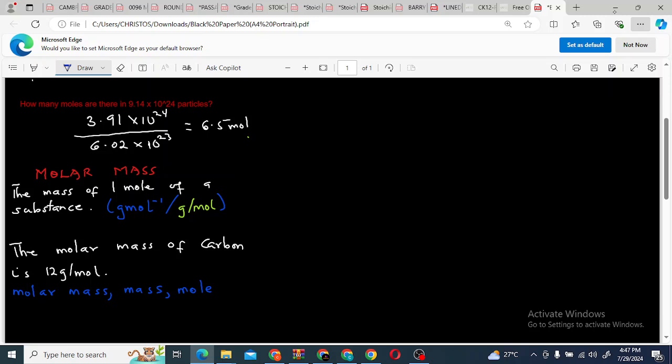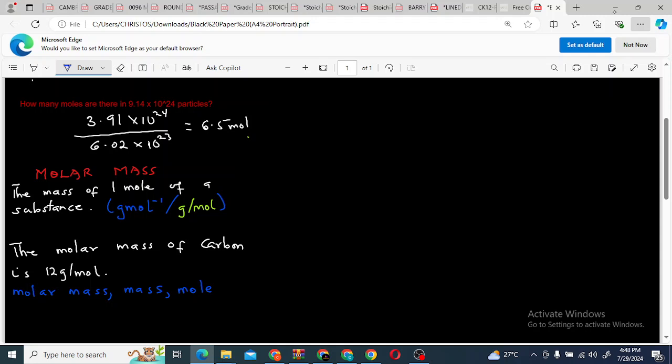So when I put 1 mole of any substance on a top pan balance, it will give me its molar mass, because that will be the mass of 1 mole of it. But if I don't put 1 mole of it on the balance, and I put the whole thing, or whatever lump I get, on a top pan balance, the measurement that will read will not be its molar mass per se, that will be its mass.